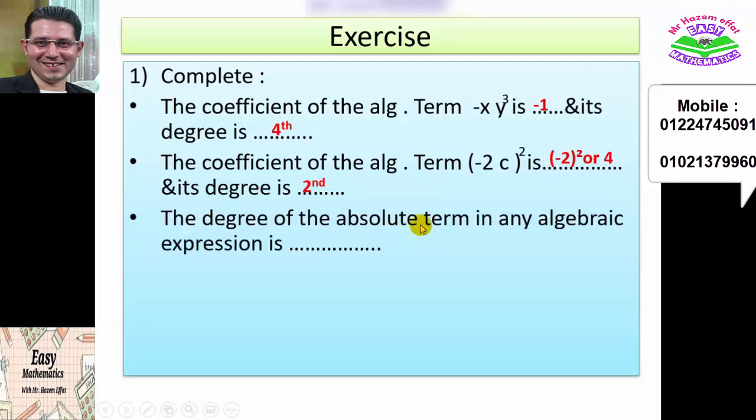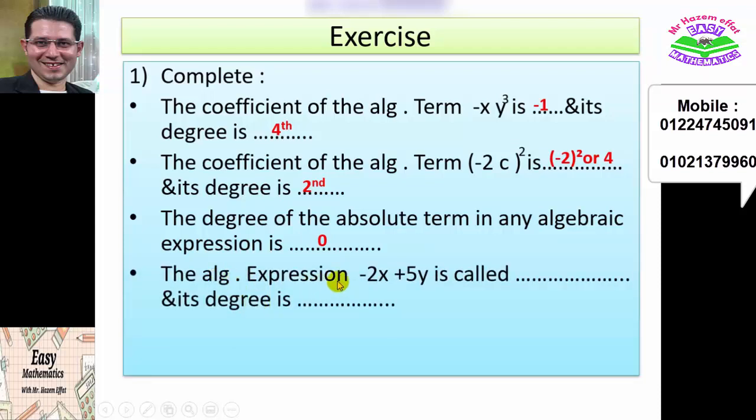The degree of an absolute term in any algebraic expression will be equal to 0. The algebraic expression negative 2x raised to power 6 plus 5y is called what? Yes, it's called binomial. Why binomial? Because it forms from two algebraic terms.